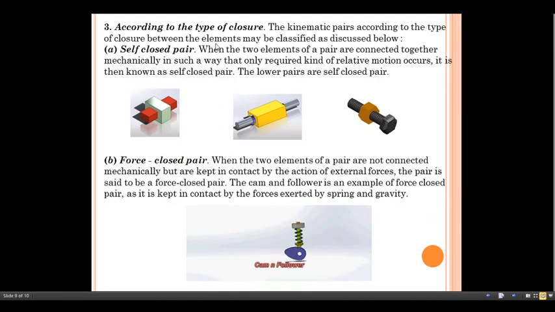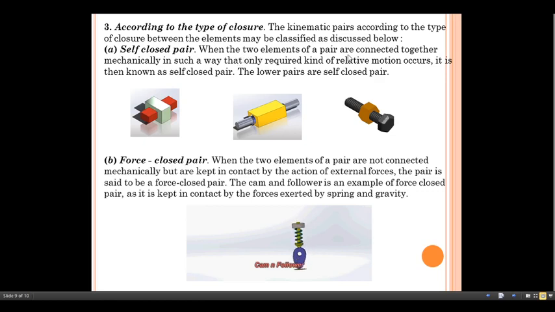Next one, according to the type of closure. The kinematic pairs according to the type of closure between the elements may be classified as discussed below. First one, self closed pair, and second one, force closed pair.